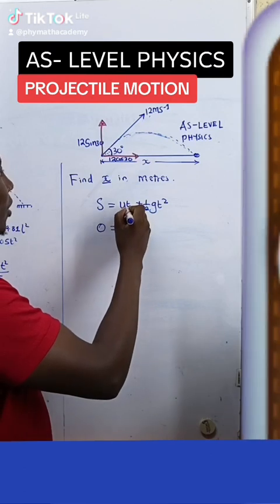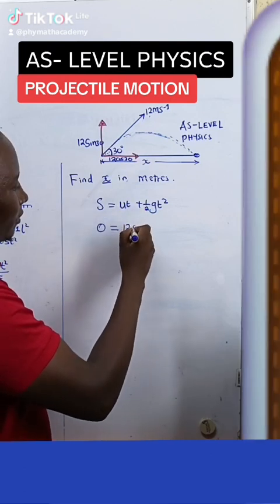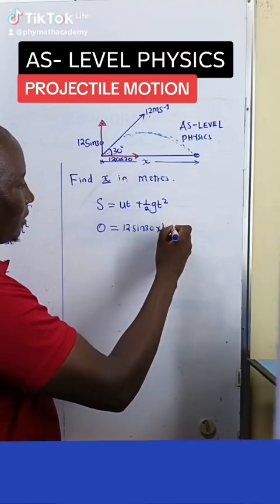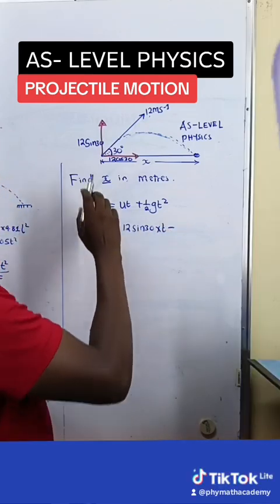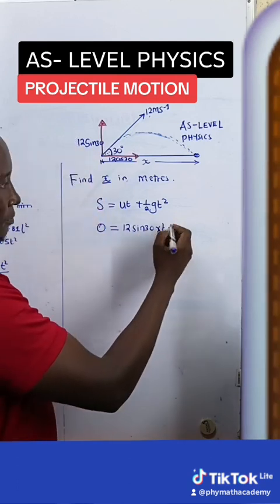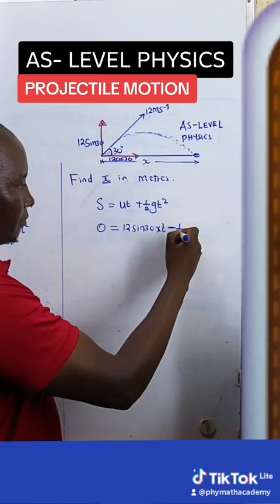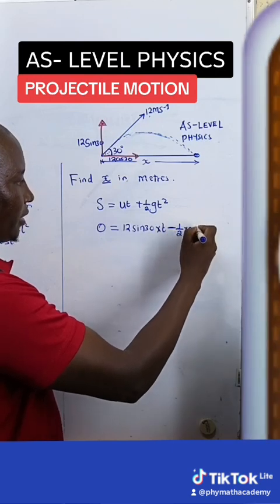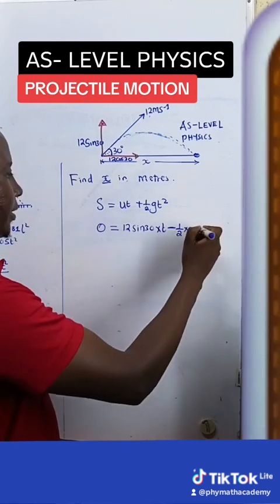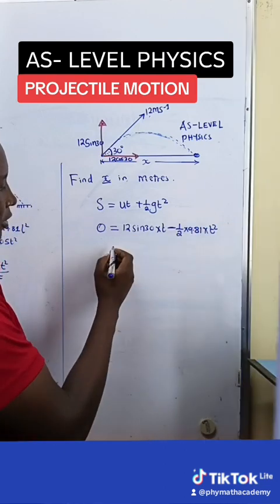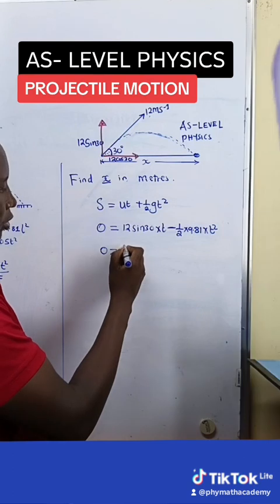The initial velocity in the y direction is 12 sin 30 times t, minus, since the object is moving against gravity, we take g to be negative, so a half times 9.81 times t squared.